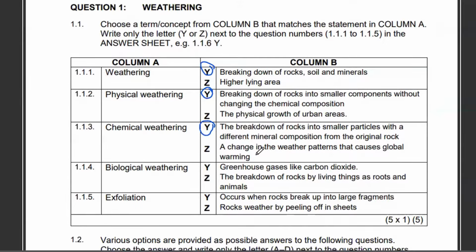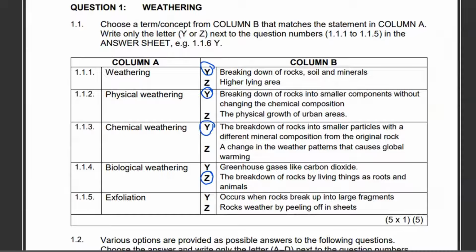Then we go to biological weathering. Y says greenhouse gases like carbon dioxide. Z says the breakdown of rocks by living things such as roots and animals. So Z describes biological weathering.